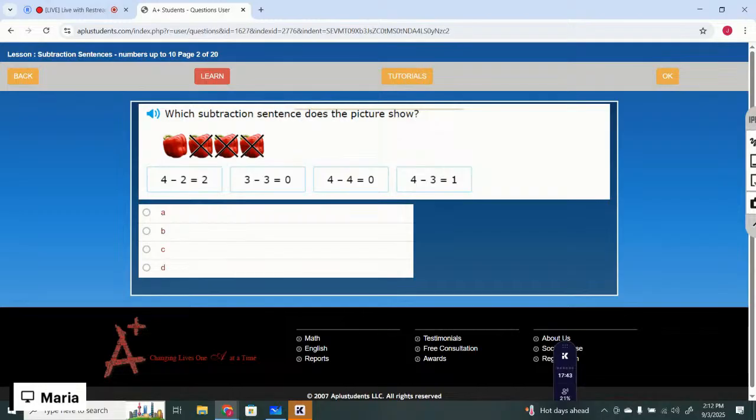Oh no, I think bell peppers, four, and three of them are crossed out. So option number D is the correct option. That is four take away three equals.